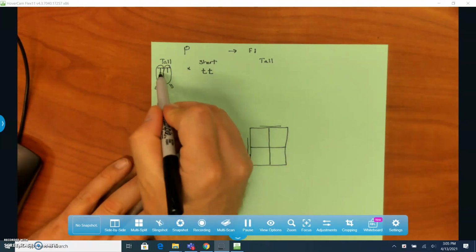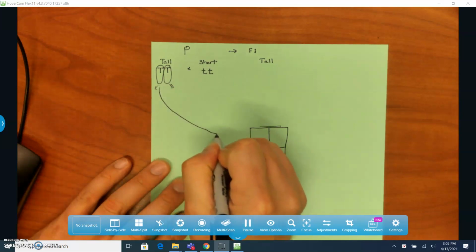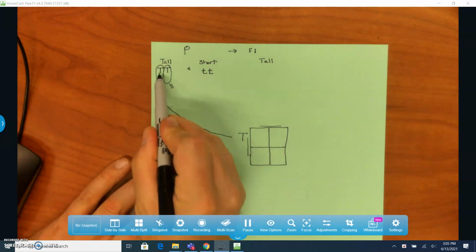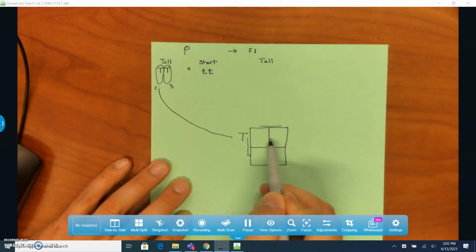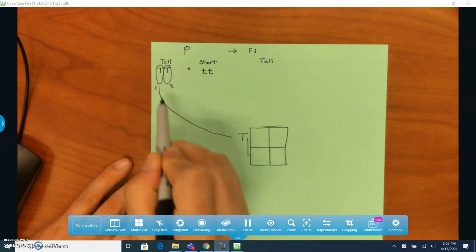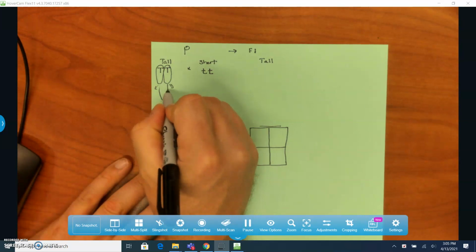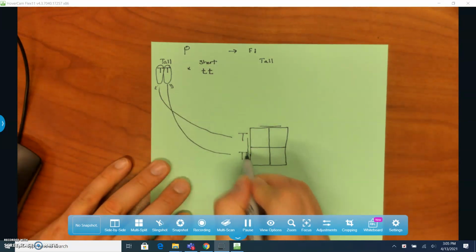It could be this chromosome, and if that's the case, then the child will get a dominant T. I'm going to put this one up here since we have to show the possible combinations of alleles if the child gets this chromosome. This one's also a big T, and I'm going to put that one down there.